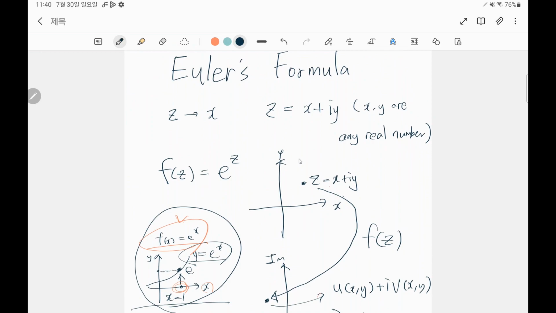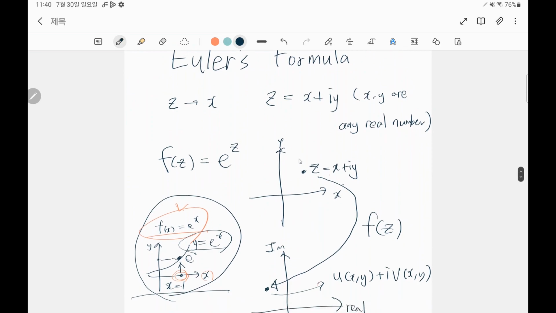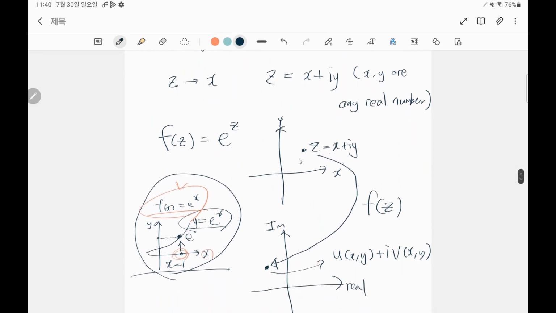You can prove that using the Cauchy-Riemann conditions, but I'm not going to do that here. You just have to believe me that e to the z satisfies its Taylor expansion as we derived before, just plugging in z where x is.